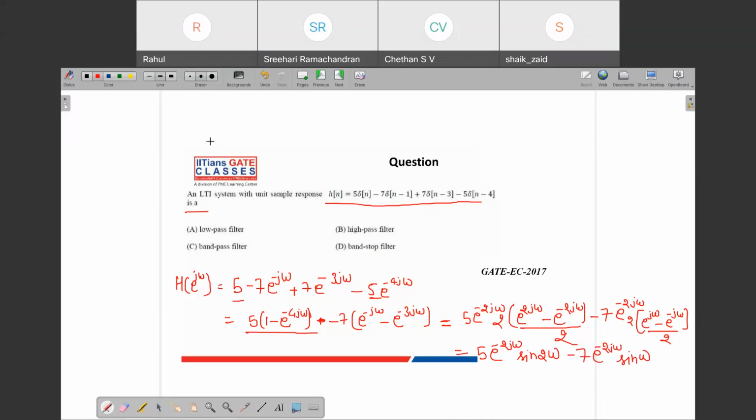Wait. So this will become 10 and this will become 14. Okay. Now you can take e to the power minus 2 j omega common here. So once you take e to the power minus 2 j omega common, you will be left with sine 2 omega minus sine omega, and there is a 10 and 14 here.